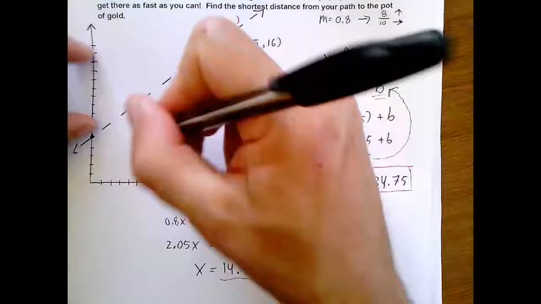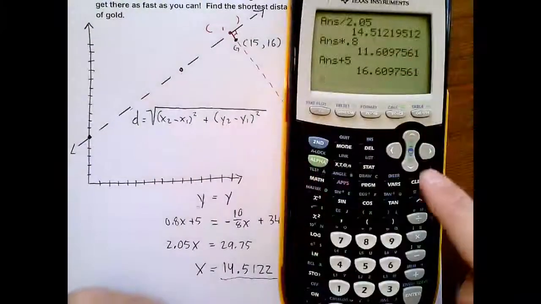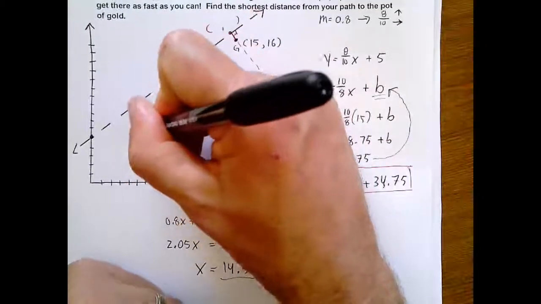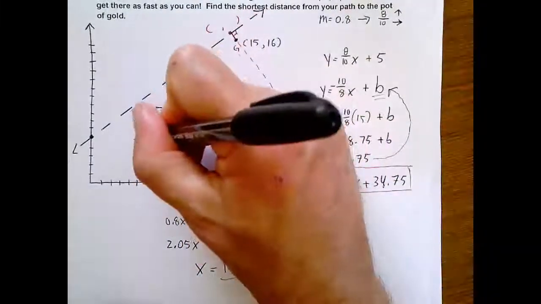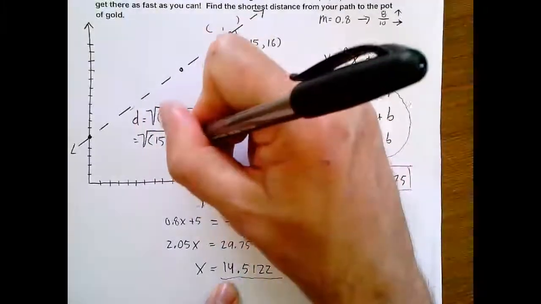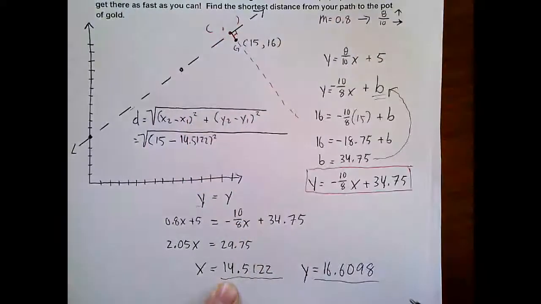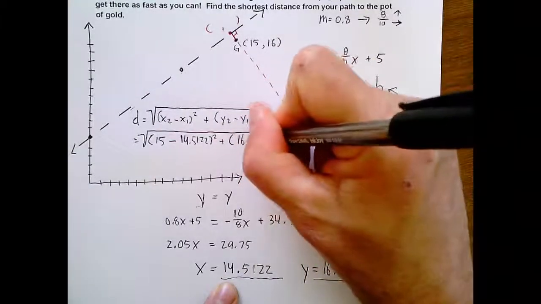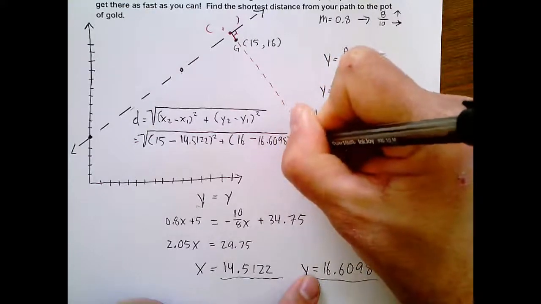All right, so how about we just do the whole thing on our calculator? I'll write it down first, and then we'll put it in the calculator. So we're going to have the square root of 15, that's my x value, minus 14.5122 squared, plus 16 minus 16.6098 squared.